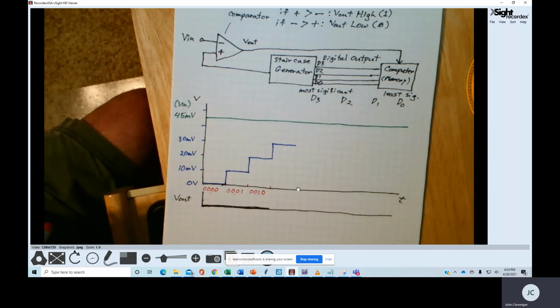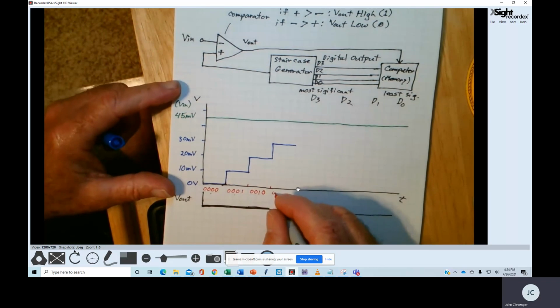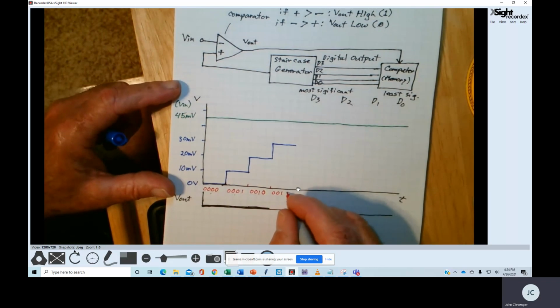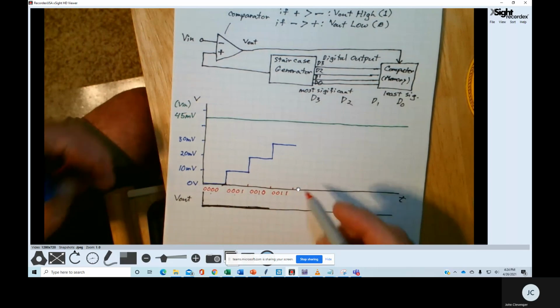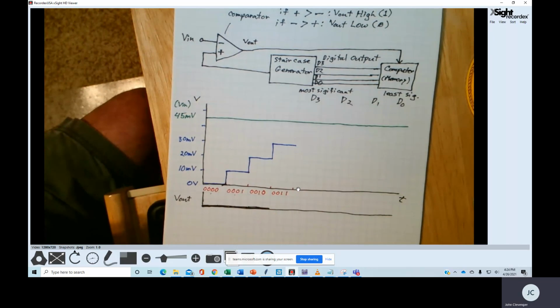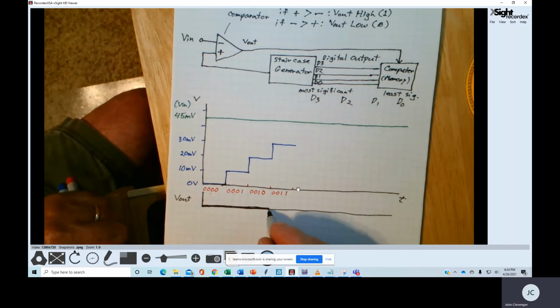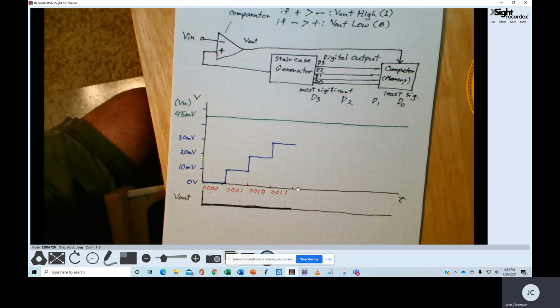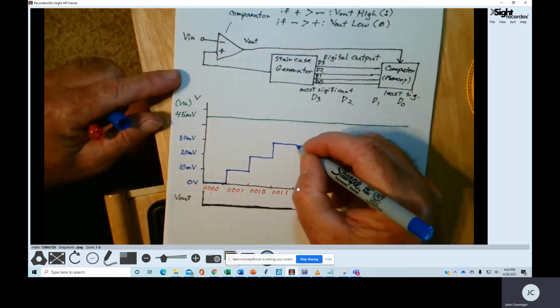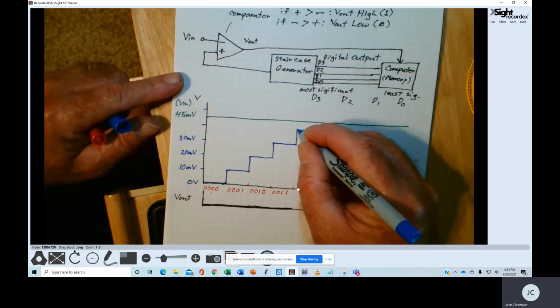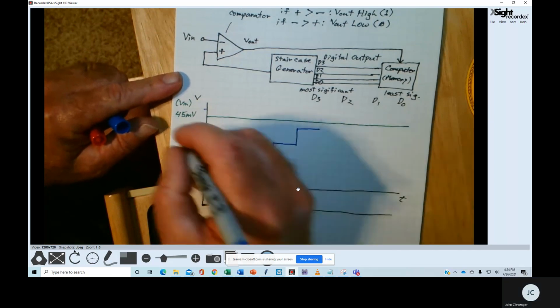And of course, the count for this would be 0, 0, 1, 1. And the inverting input is still greater than the non-inverting input. The output of the comparator will still be low. The staircase generator now increases its output to 40 millivolts.